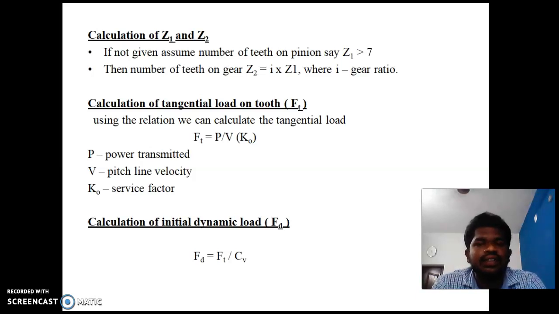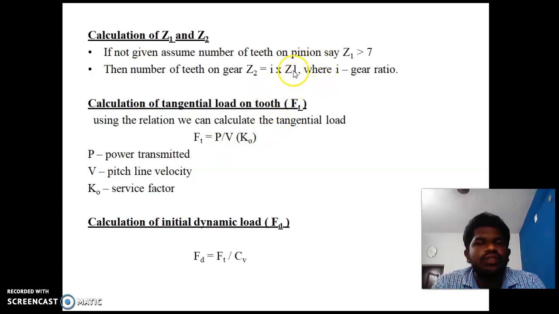K naught, the service factor or shock factor. In the problem, given the power ratio, power transmission value, and the pitch line velocity, we can calculate from V equal to pi D N divided by 60. D is the pitch circle diameter, N is the RPM. The D is calculated from the gear ratio.